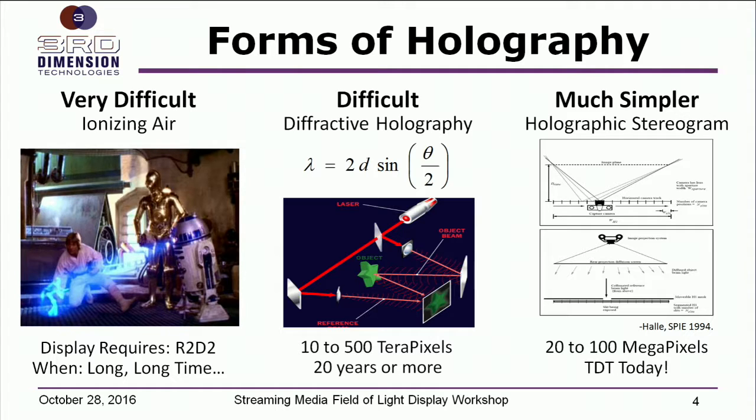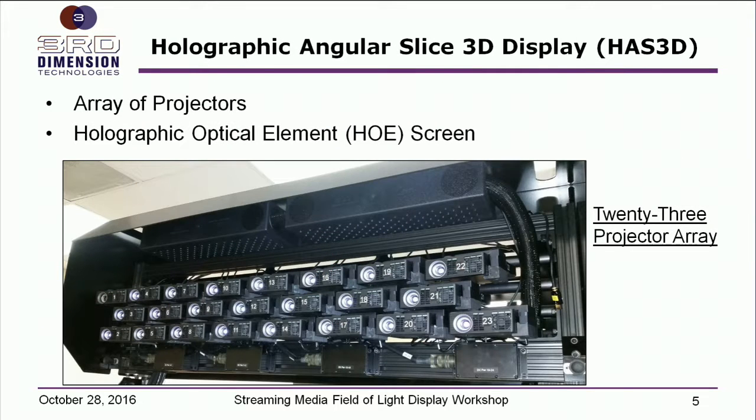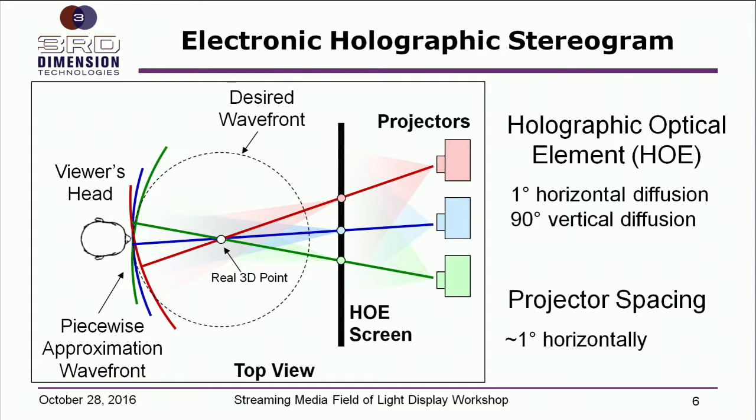If you've ever seen a white light hologram, it was a holographic stereogram. Most of you have probably seen that. That takes 20 to 100 megapixels, and we can do that today. That's a piece of cake, right? Anybody can figure out how to analyze that much data and transmit that much data. It's horizontal parallax only.